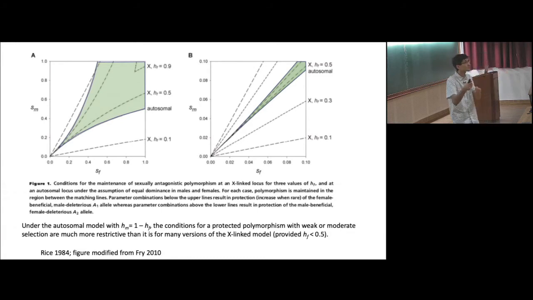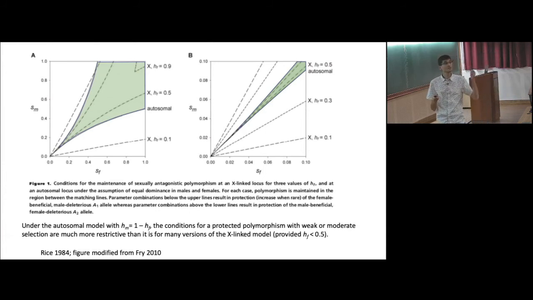And so you just have to worry about, does it have an advantage to males? I'm speaking a bit loosely here, but that's why this region's so wide, right? If that allele is largely recessive in females, then there's all this extra space.